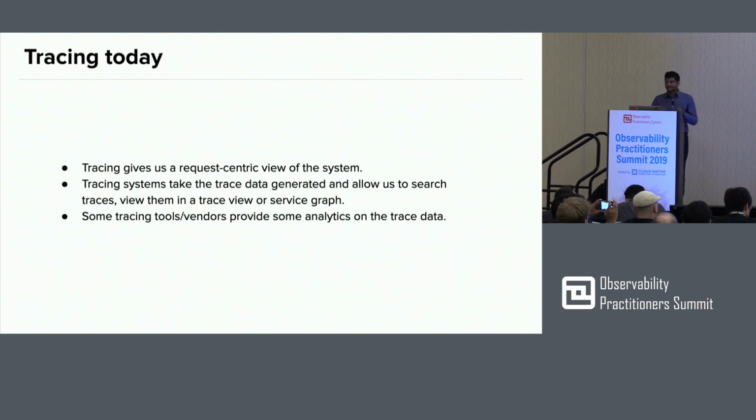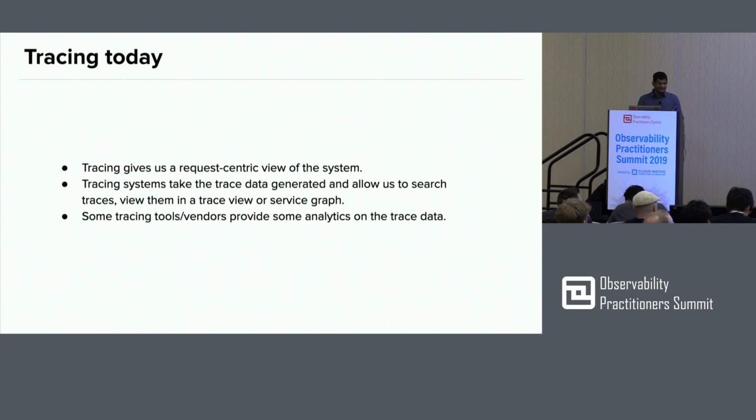We collect this data and store it in a data store. Generally these systems have a find traces view where you search for representative traces, then you look at one of those traces in a trace view, and sometimes you also look at this data in a service graph. This is a very high-level view of tracing systems.